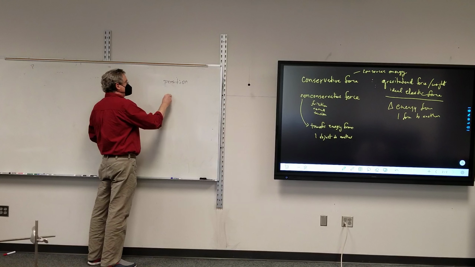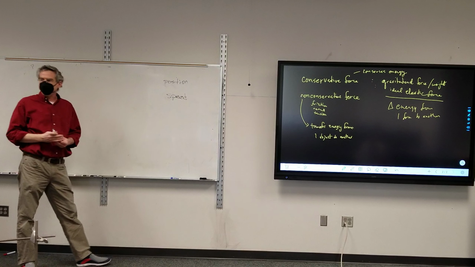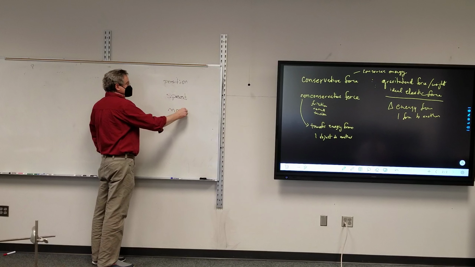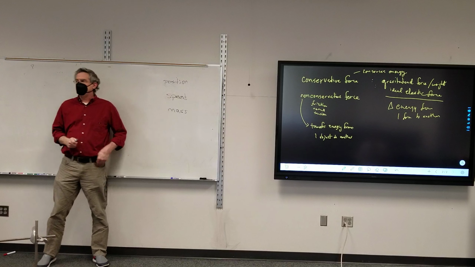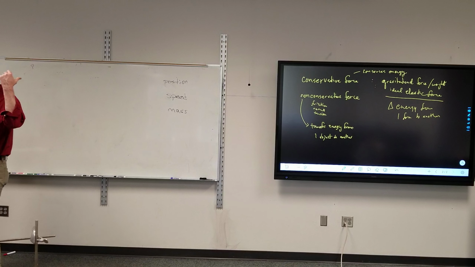Actually, speed better here. Its direction doesn't matter here. And they have a mass. You said this is for all conservative forms? No, this is all objects in classical physics have these three things. The speed might be 0, but 0 is still a number.